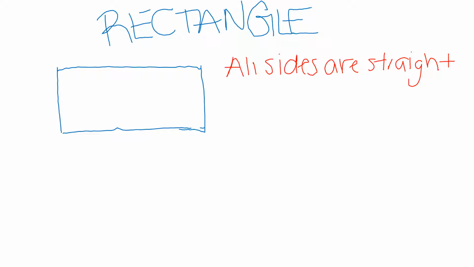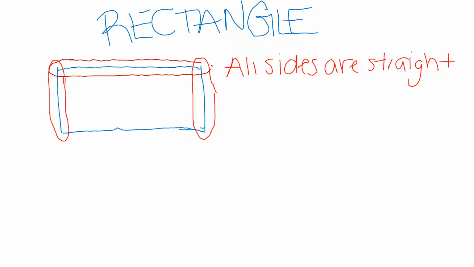Another property of rectangles is you have two little sides, here and here, and then you have two big sides, over here and over here. Our two little sides, we're going to label them in purple.